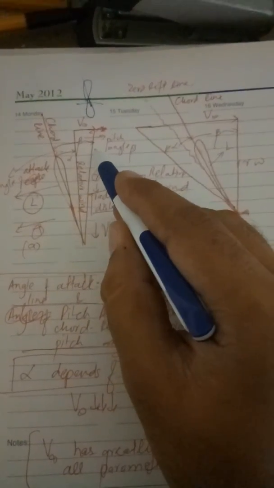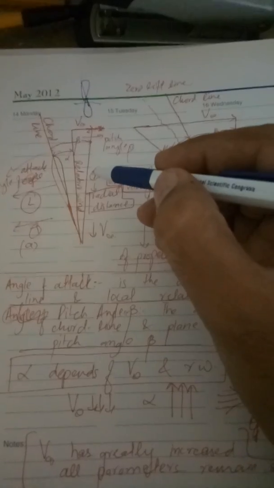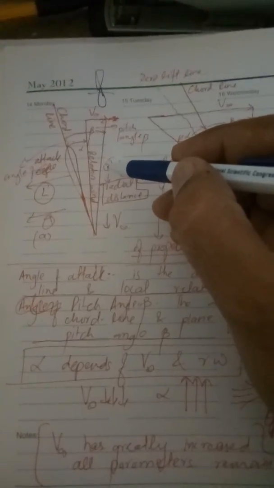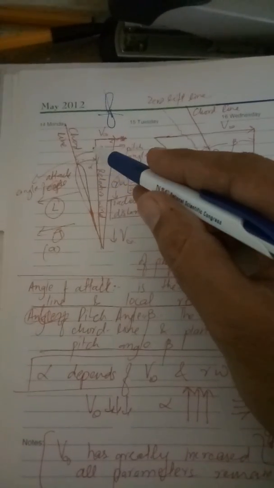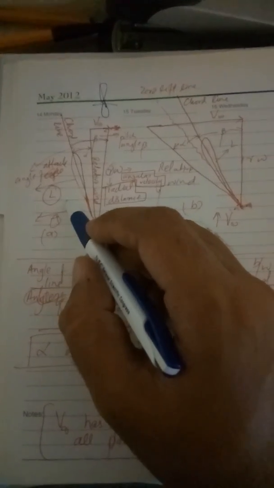Beta is relative to the chord line. So this is how you have beta and alpha, the relative wind, and the chord line, and we have the angle of attack.